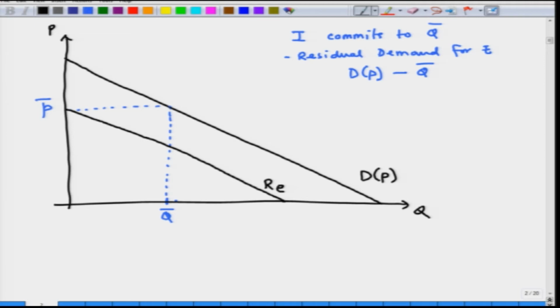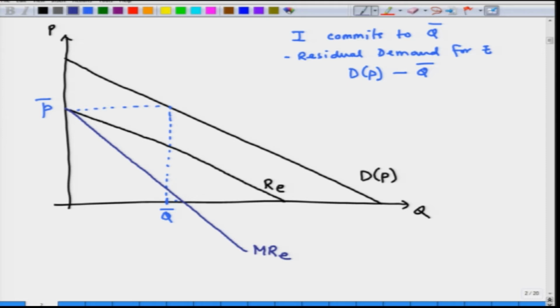Now, the entrant is going to take this residual demand curve as given and ask what its marginal revenue curve is. Let us say the entrant's marginal revenue curve is given by this equation. So, this is the entrant's marginal revenue.